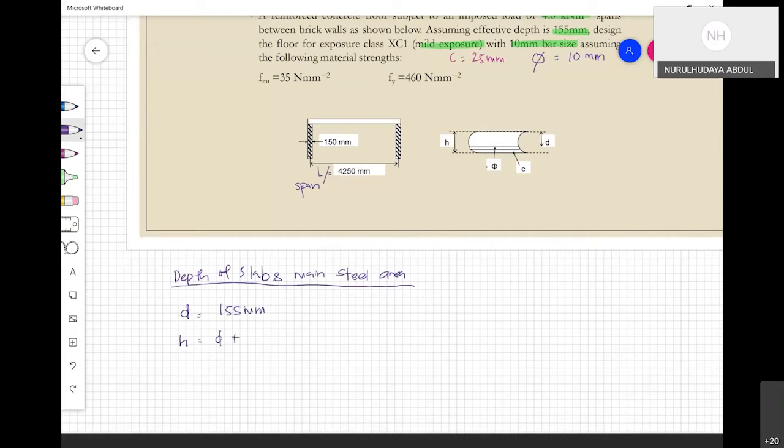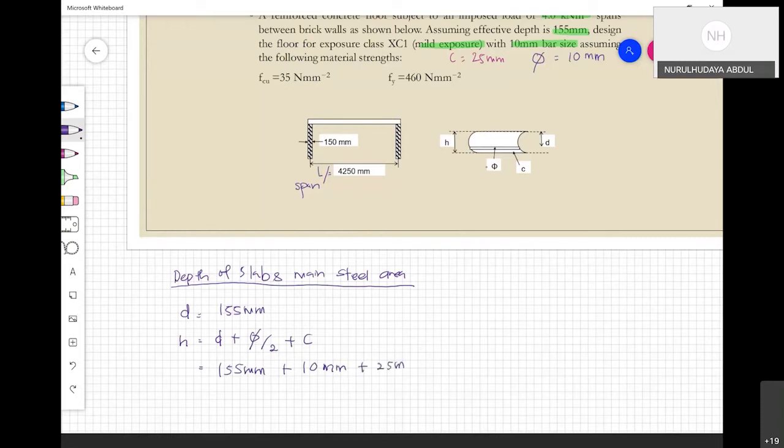Okay. Use the formula H equal to D plus half bar plus C. D is 155, plus half bar, dia dah suruh pakai 10 mm, and concrete cover 25 mm.